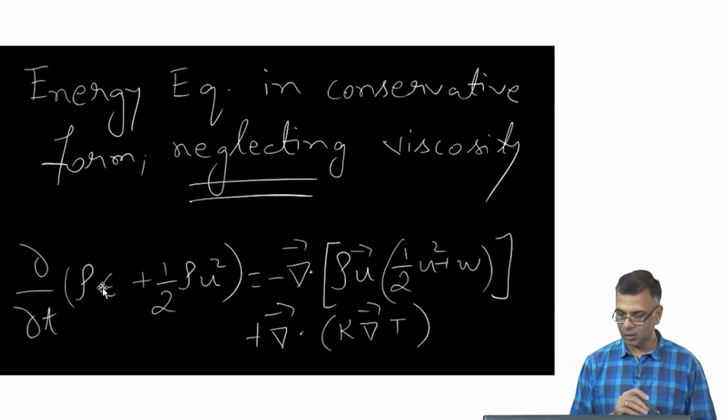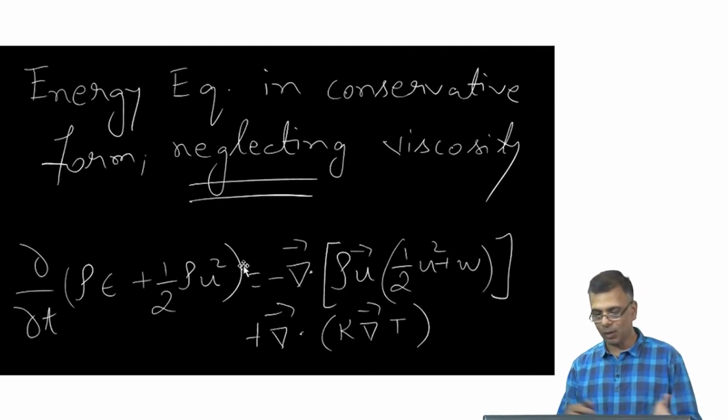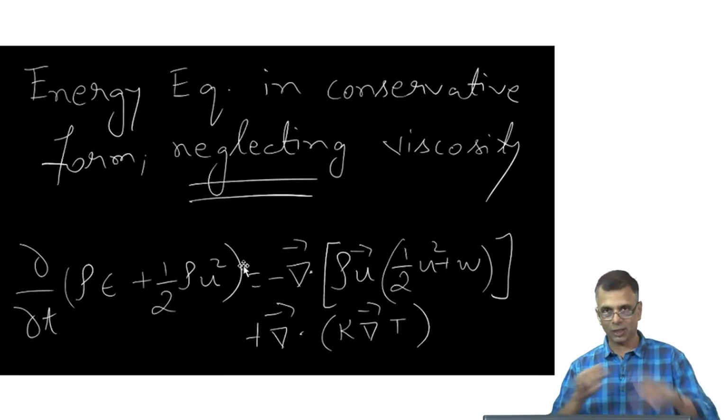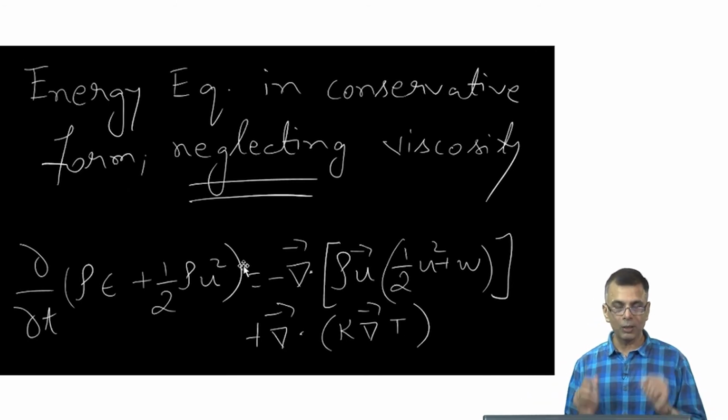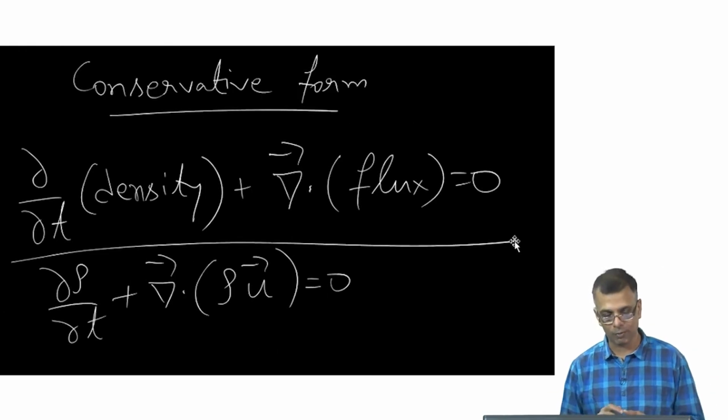So, this is the internal energy right here, and this is the kinetic energy density of the fluid. Okay. So, you can see how I am able to simply write down the energy equation just like that, simply going by this general form.